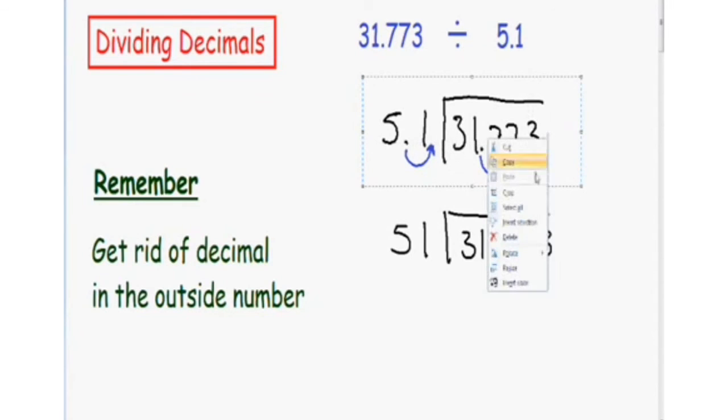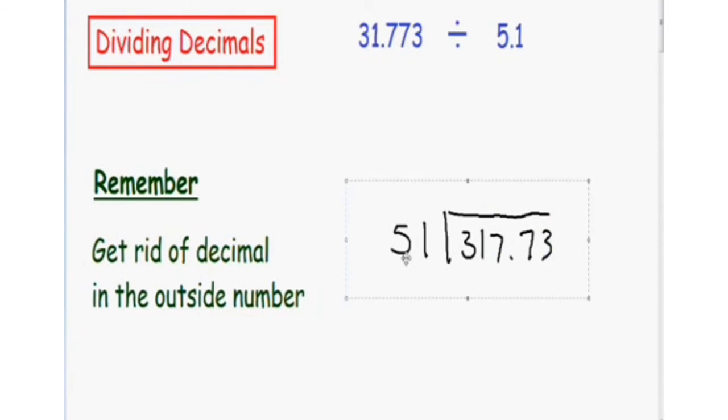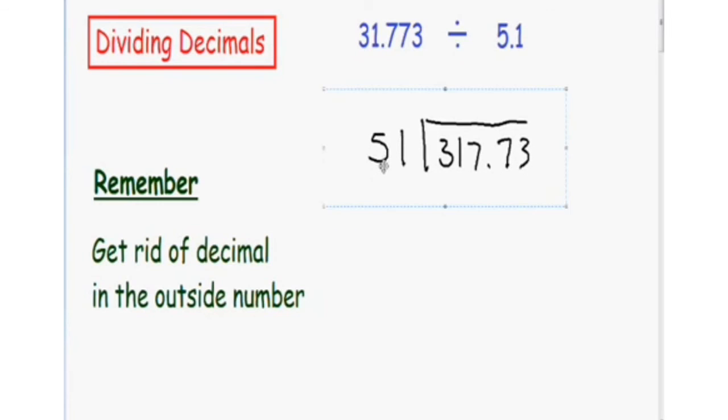So we are going to divide 317 by 51. When you divide 317 by 51, we are going to obtain a 6.